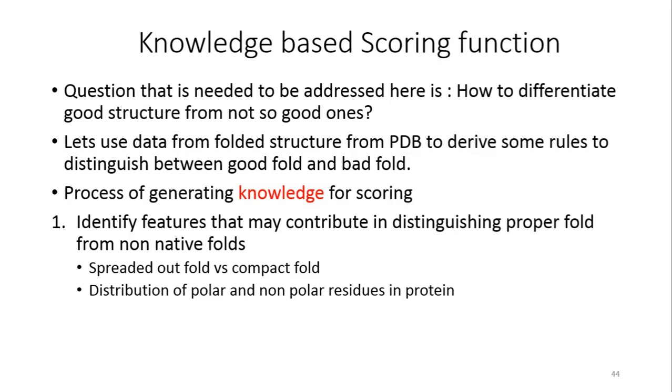Okay, now we can consider hydrogen bonding as another feature. We can check the distribution of hydrogen bonding patterns all over the protein or in specific secondary structures. Alternatively, we can check if polar and non-polar residues are properly distributed in the structure. From existing structures we know that non-polar residues prefer to be at the core, while polar residues are usually found on the surface.